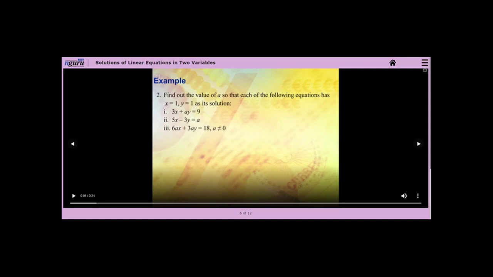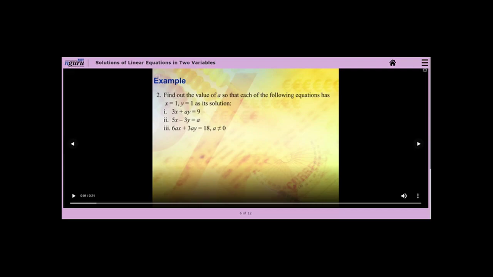So take your notebook and write 3x plus ay equal to 9. In place of x you put 1, in place of y you put 1. You will get the value of a. 3 into 1 is 3, plus a into 1 is a. 3 plus a is 9.